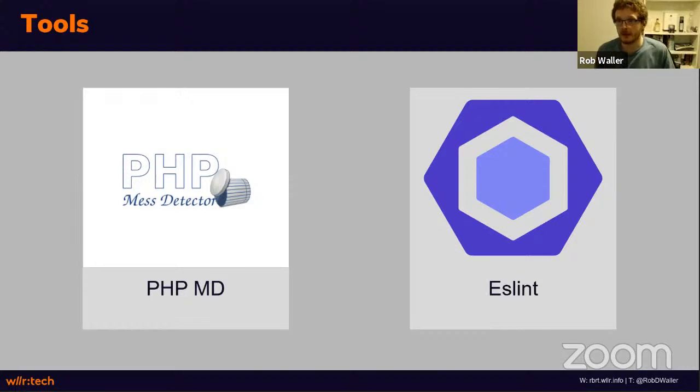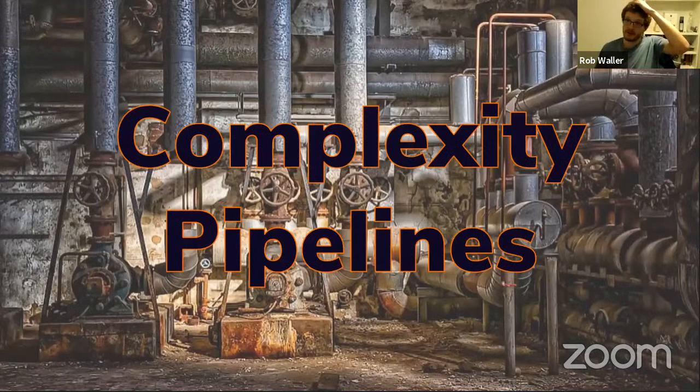And this logically leads on to the idea of complexity pipelines or continuous integration pipelines. Basically, you can attach tools like PHPMD to GitHub Actions or Travis or CircleCI, same with ESLint, and you can set a threshold.